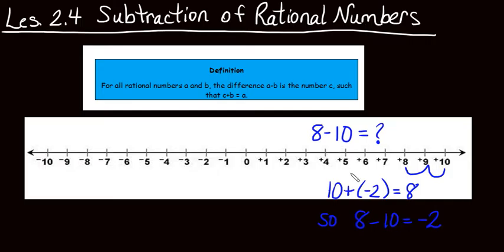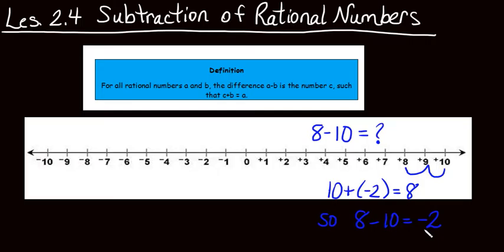Well, if you think about it, I would have to add a negative 2, right? Because I have to go backwards 2. So 10 plus negative 2 is 8. So since I figured that out, I can say that 8 take away 10 is negative 2.